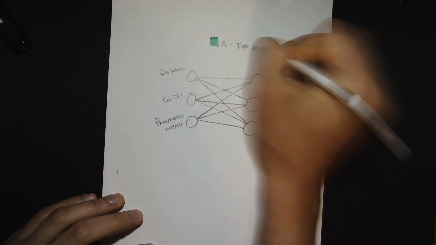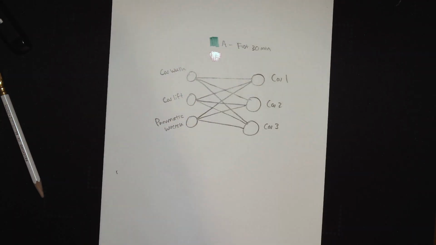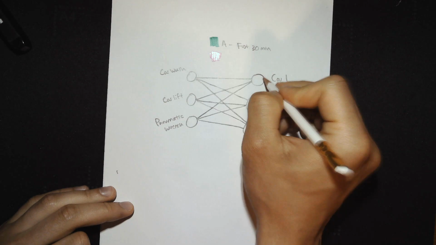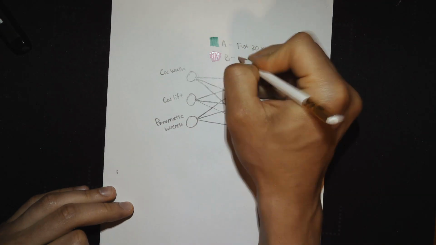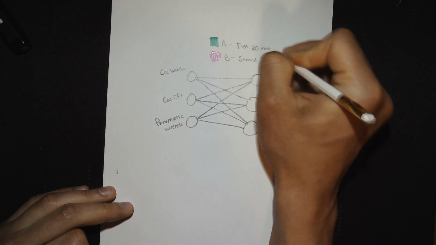Remember, each task took 30 minutes to complete. And then we can use this pink to assign the completion of a task to represent the second 30-minute interval.